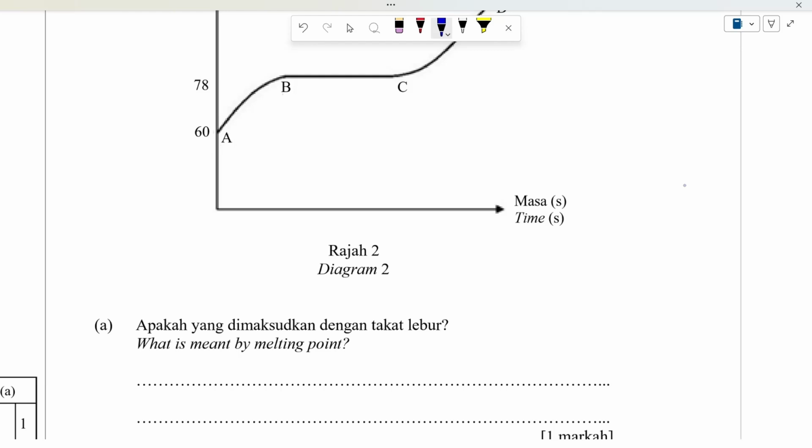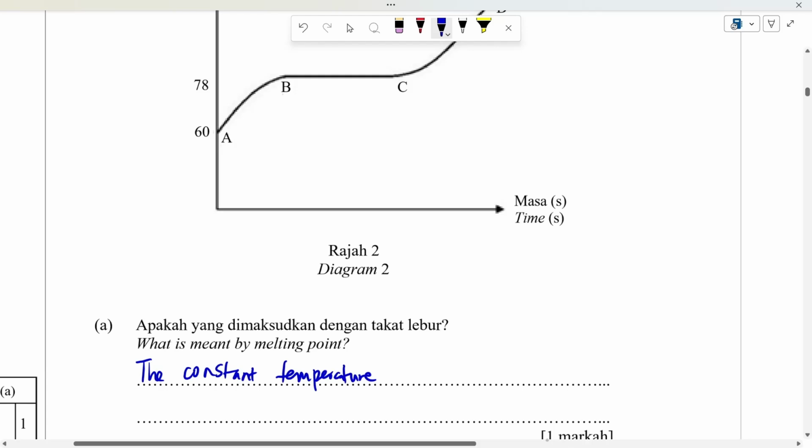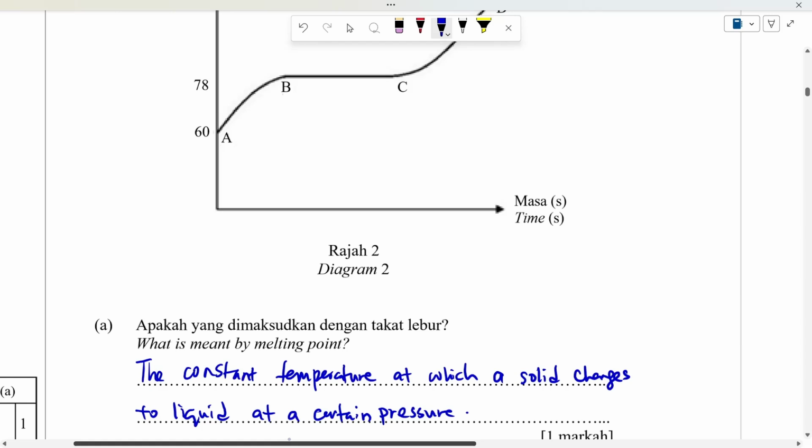It is the constant temperature at which a solid changes to liquid, full stop, at a specific or certain pressure. So remember this is the definition.